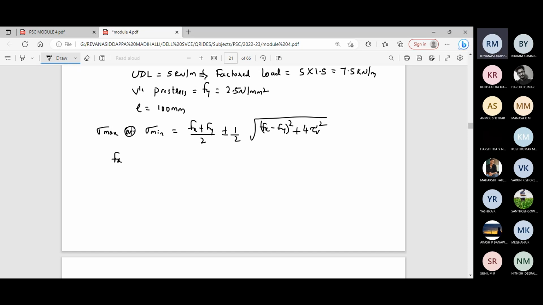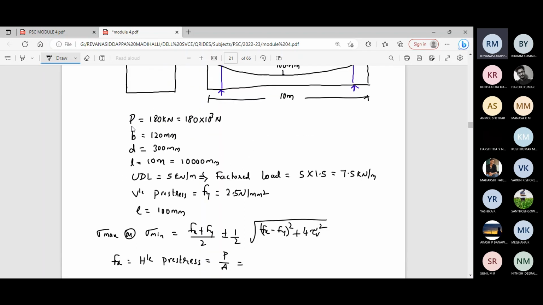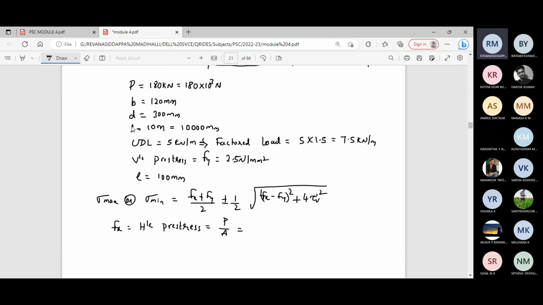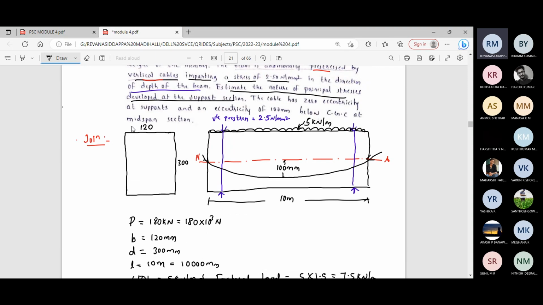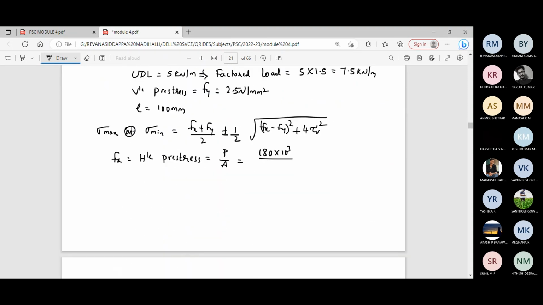Where Fx is equal to horizontal pre-stress, which is calculated as pre-stressing force divided by area of cross section, P by A. Pre-stressing force is given in the problem. It is 180 kilonewton or 180 into 10 power 3 Newton. Area of cross section is 120 by 300, which gives 5 Newton per mm square.